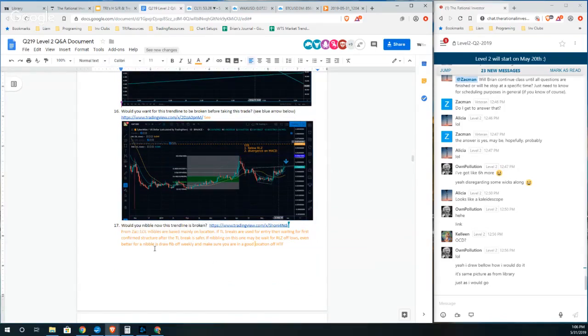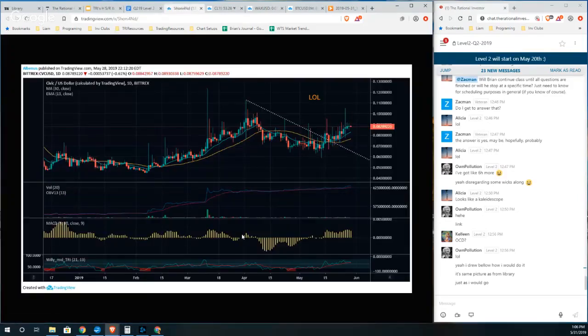Okay, number 17. Would you nibble now this trend line is broken? No, bad trade location. I might even argue that your trend line, I don't know whether I would believe in this. I think we go here to here.